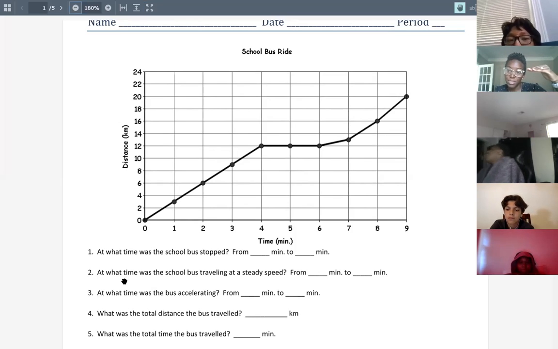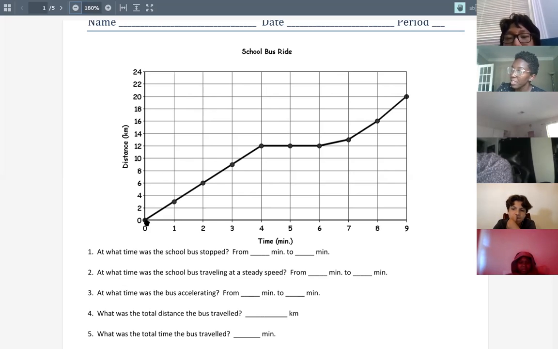My speed is consistent. It's not changing. If you are driving 30 miles per hour, you're driving 30 miles per hour, not 30 and then 25 and then 35 and then 30 and then 25. You're just 30 miles per hour the whole way. It means to not change. Is that on the graph?